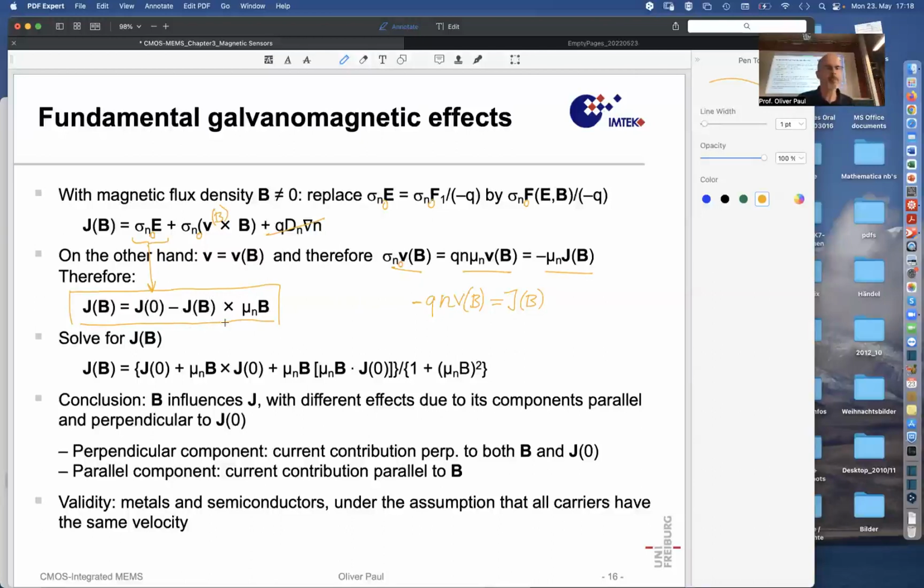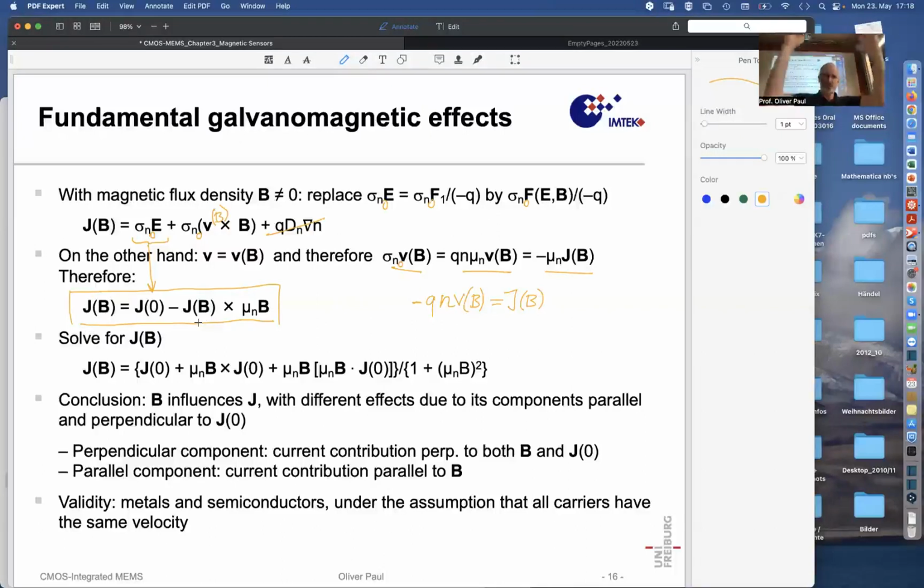And so what we are left with here is an equation that contains the effect without B, and then what we would like to know in an intricate way. It's on the left and right. It's an equation for the unknown JB. Actually, it's an equation for the three components of JB. There's a JB X, Y, and Z on the left and on the right.